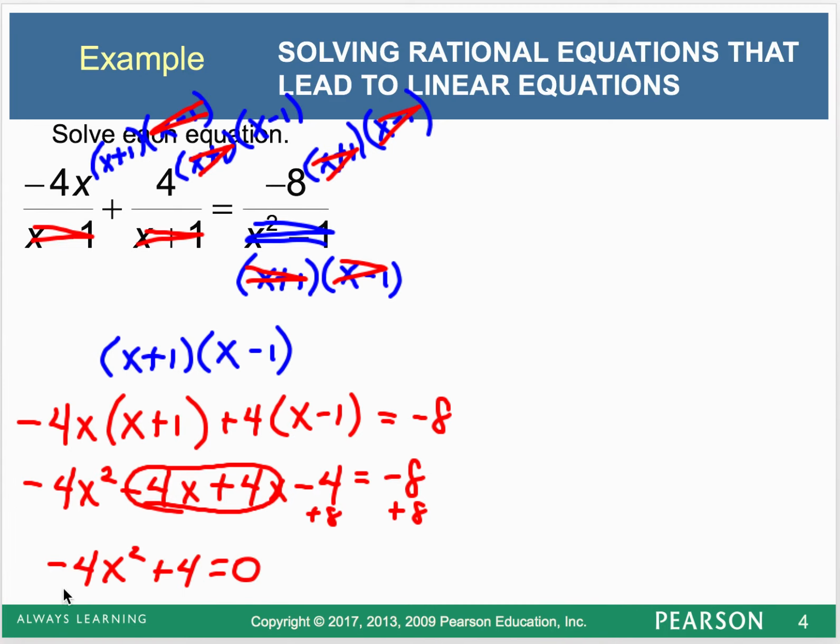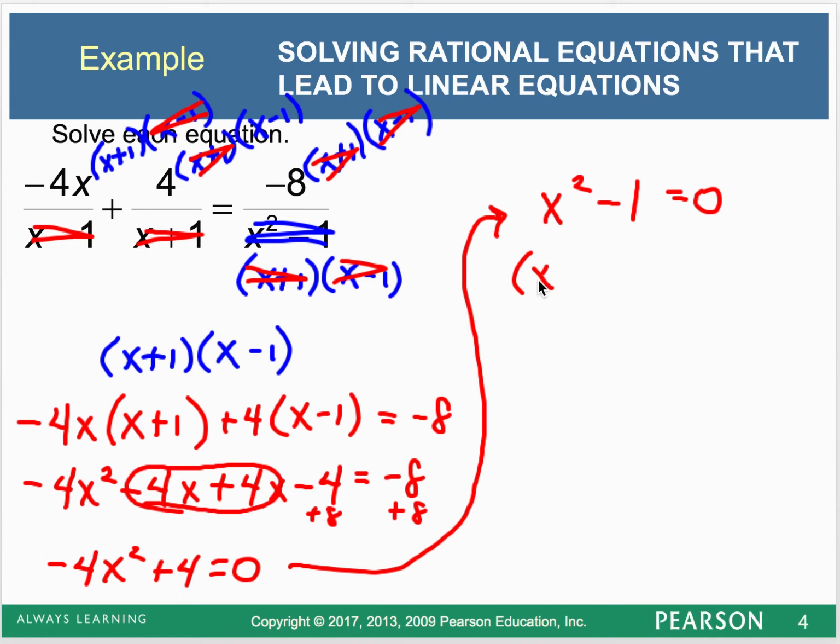I don't want this leading coefficient to be negative. Plus, look, I can make my number smaller. So let's divide everything by negative 4. If I divide this by negative 4, I get positive x squared. If I divide this by negative 4, I get minus 1 equals 0.